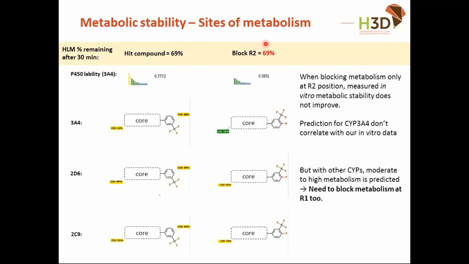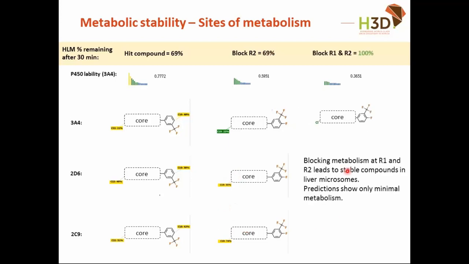So we decided to block the metabolism on the substituent on the left-hand side as well. And with that, the metabolism is predicted to be very low in the P450 model with CYP3A4 on StarDrop, and it correlates very well with the metabolic stability that we get in our assay, which says that it's 100% stable.